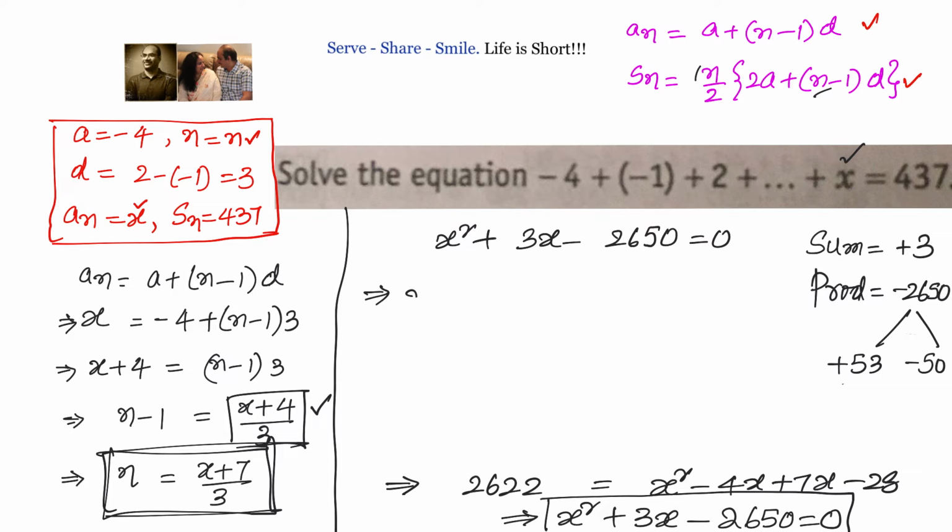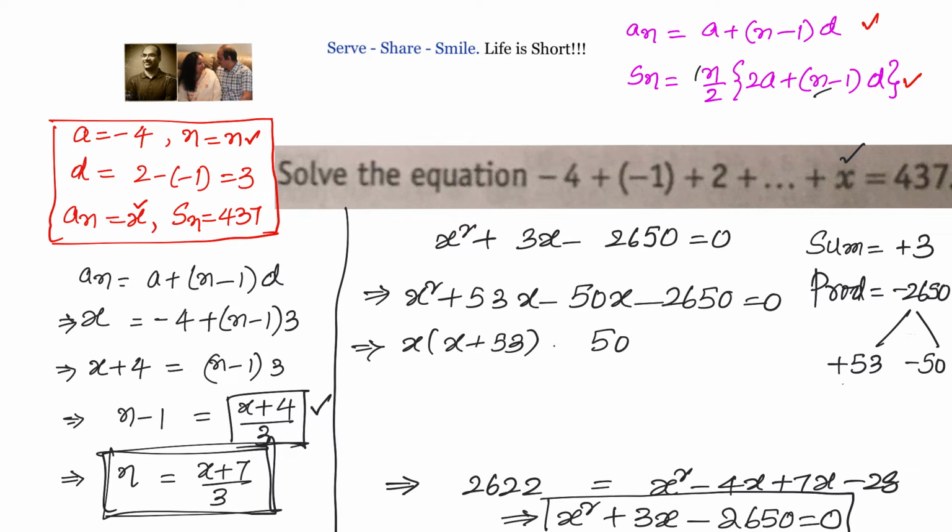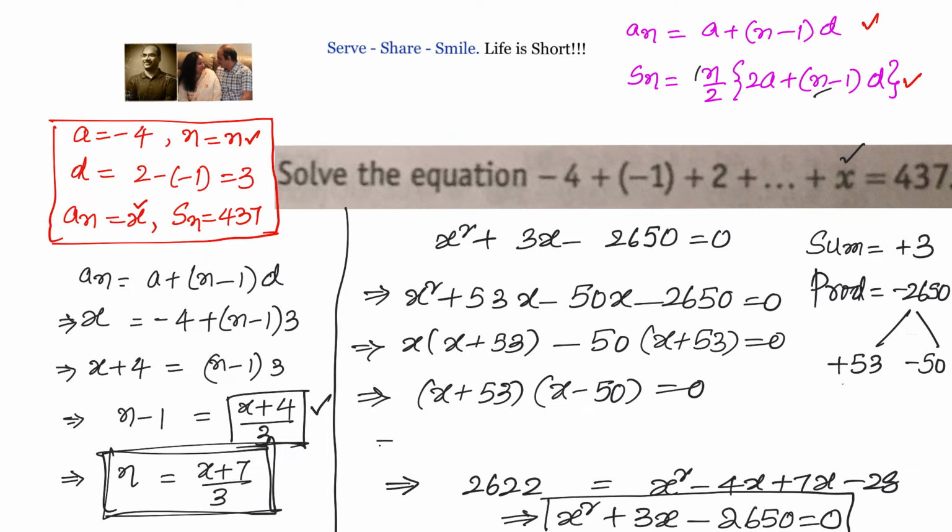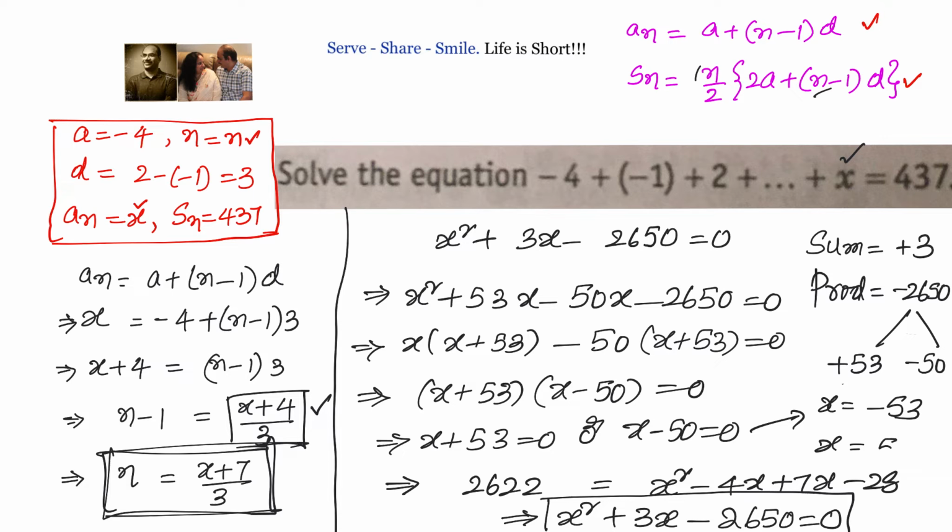So this becomes x square plus 53x minus 50x minus 2650 equals 0. Simplifying further, x into x plus 53 minus 50 into x plus 53 equals 0, which is x plus 53 multiplied with x minus 50 equals 0. That gives us either x plus 53 equals 0 or x minus 50 equals 0, which means x equals minus 53 or x equals 50.